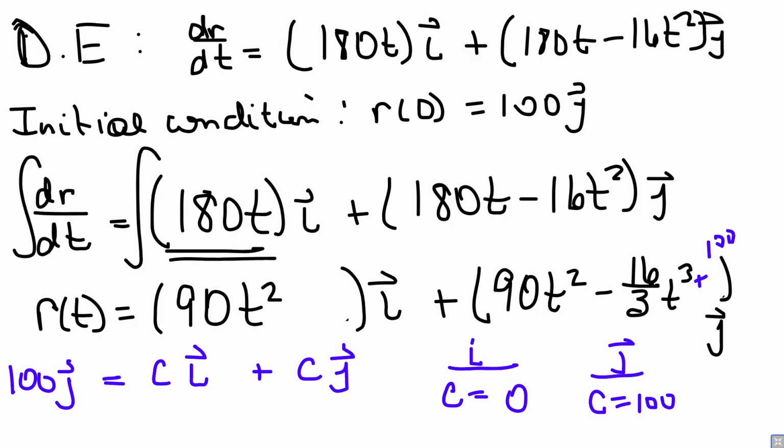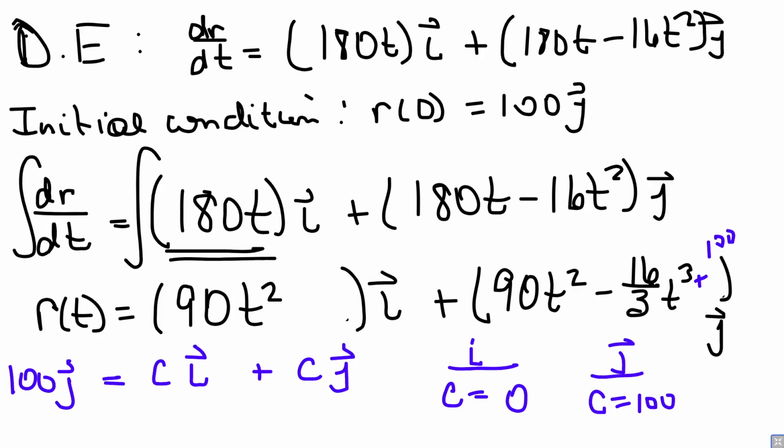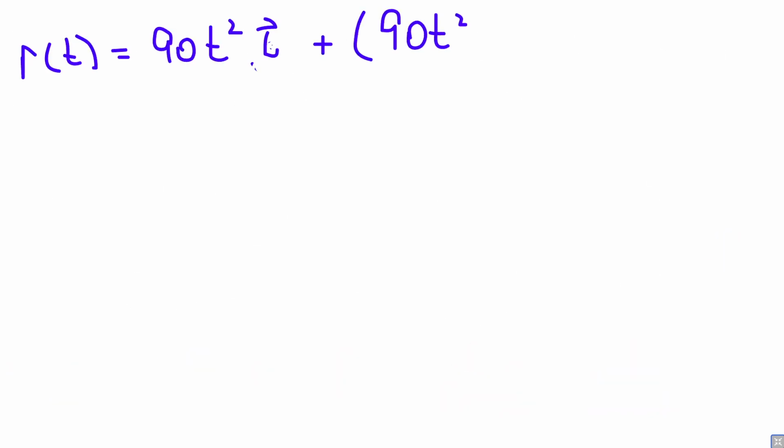So our position vector, r of t, is equal to 90t squared in the i direction plus 90t squared minus 16/3 t cubed plus 100 in the j direction. Any questions?